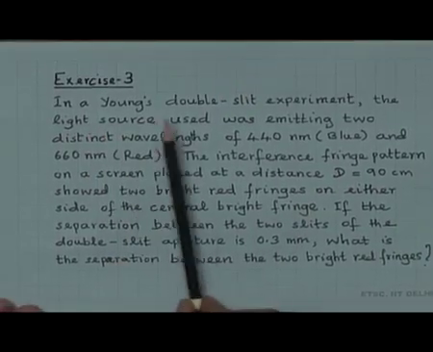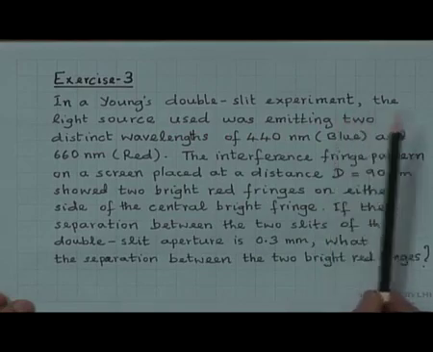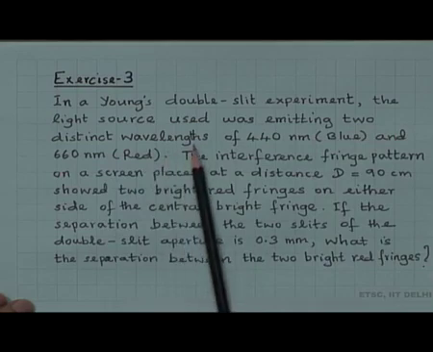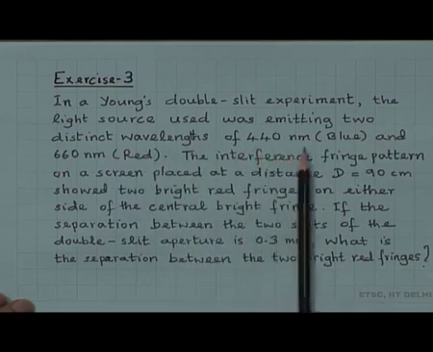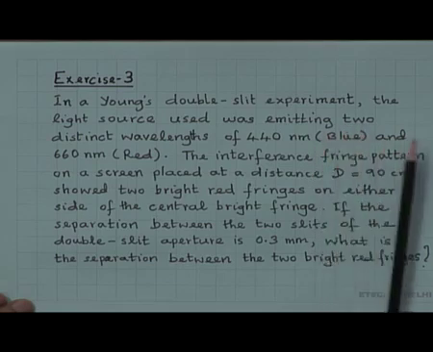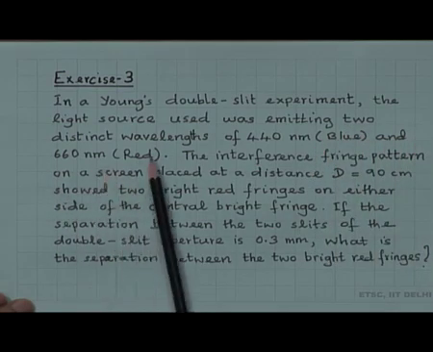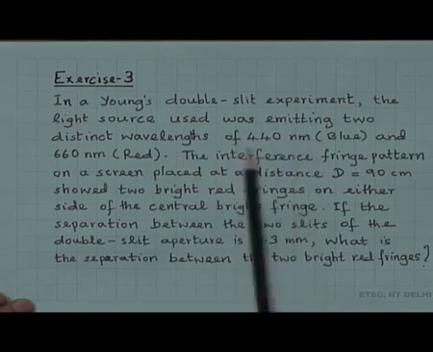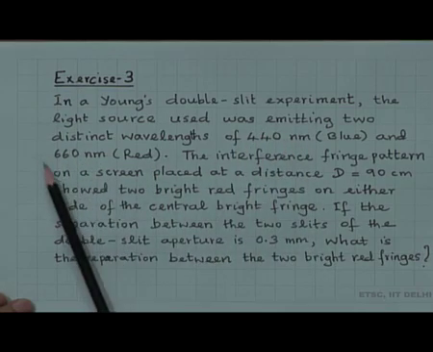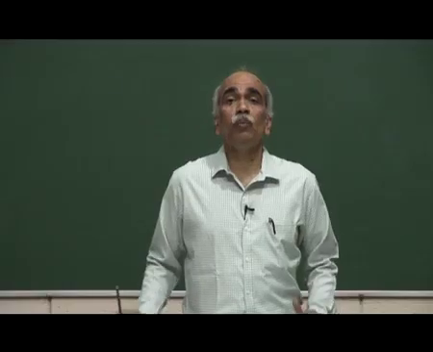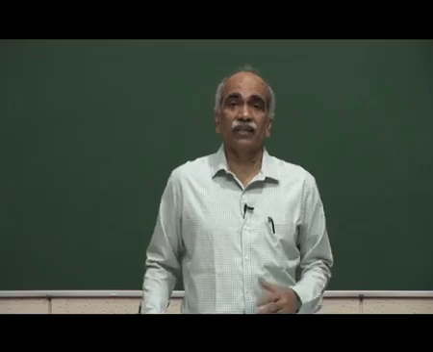In a Young's double slit experiment, the light source used was emitting two distinct wavelengths of 440 nanometer, which is in the blue region, and 660 nanometer, which is in the red region. So we call this the blue wavelength and this the red wavelength. Actually, as we have discussed, there is no single wavelength assigned to a color.